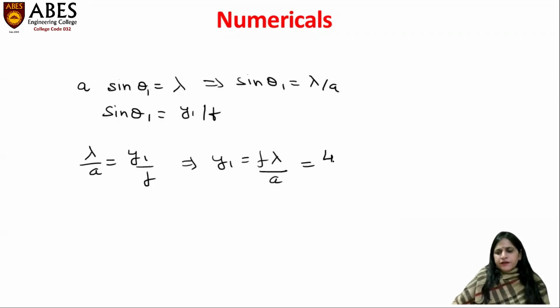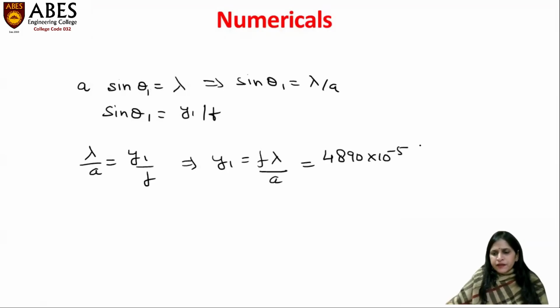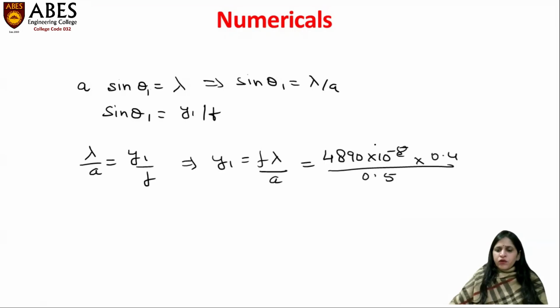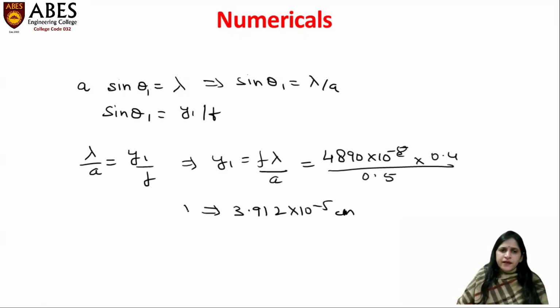And if we calculate, putting the value 5890 into 10 to the power minus 8 into 0.4 upon 0.5, what we are going to get is the value 3.912 into 10 to the power minus 5 centimeter as Y1.